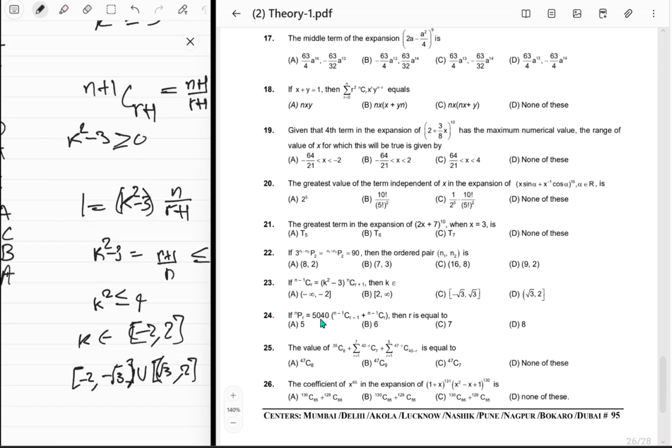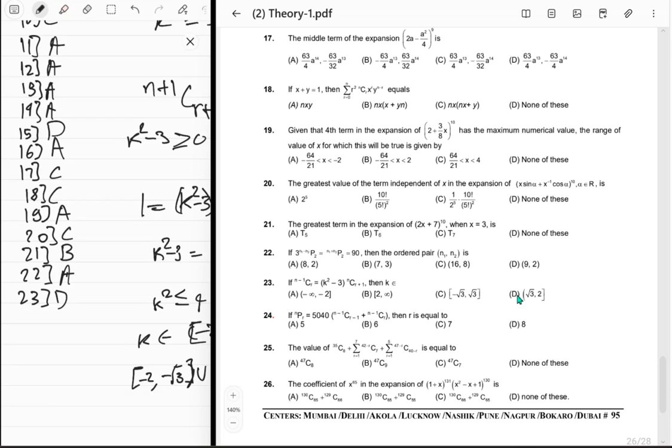And that's why r plus 1 has to be at least 1. That makes sense. Okay, that's why these are round brackets. And that means just D works out of these options, because it's a part of this set.